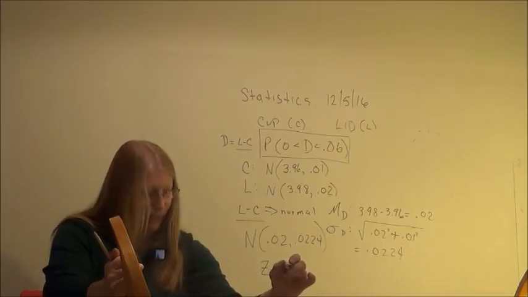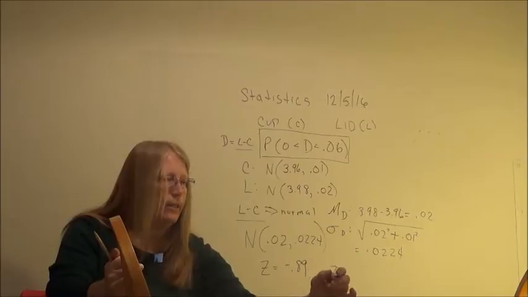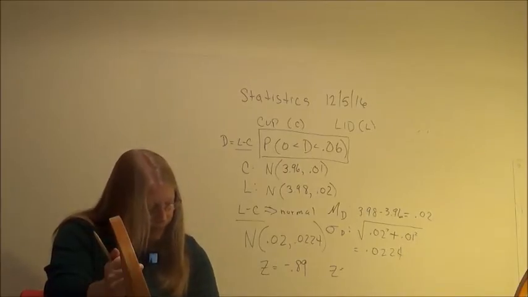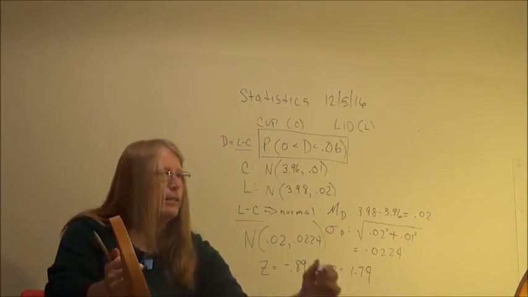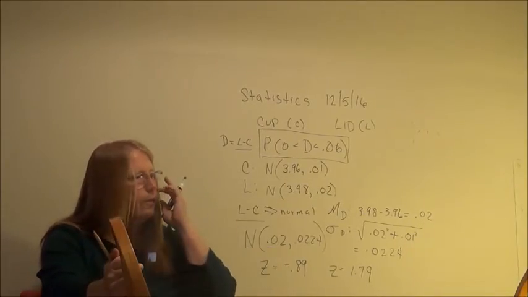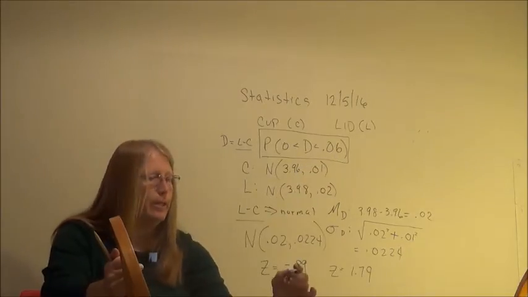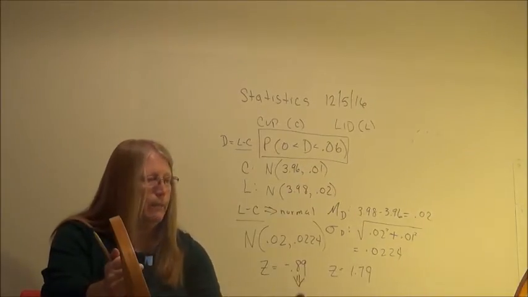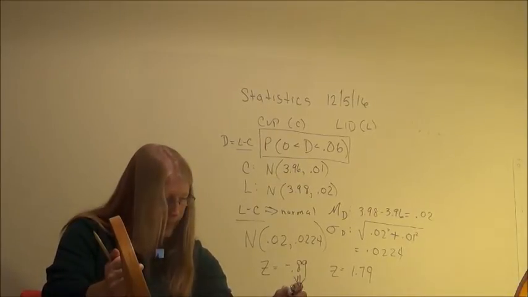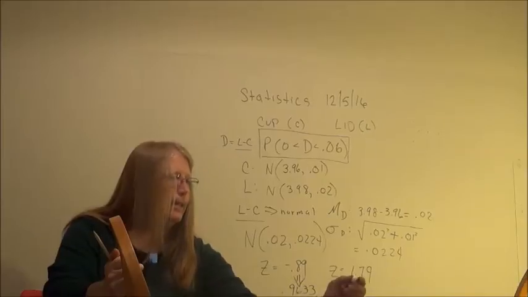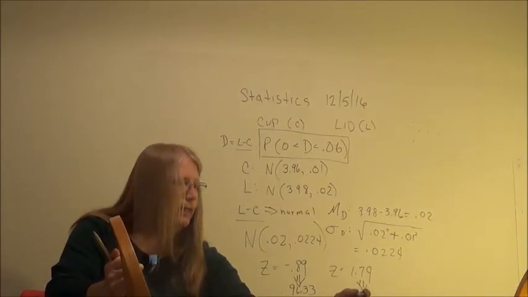I got a z-score of negative 0.89 from the 0, and I got a z-score of 1.79 from the 0.06. So now I went to the chart, and my negative 0.89 z-score gave me 0.1867, and from 1.79 I got 0.9633.